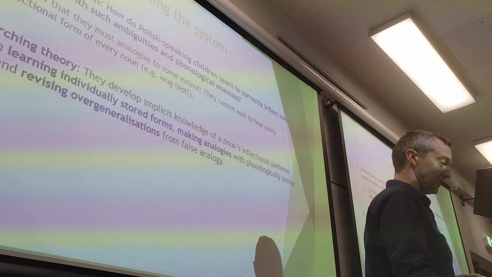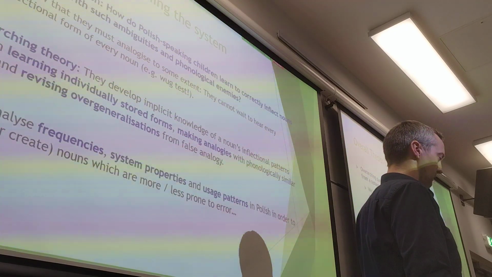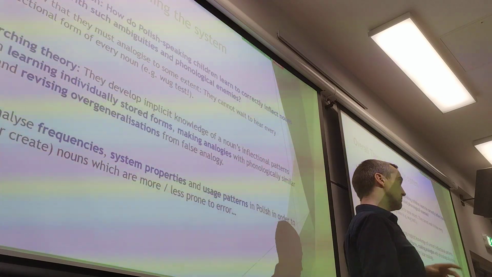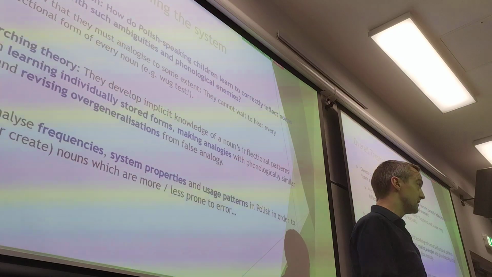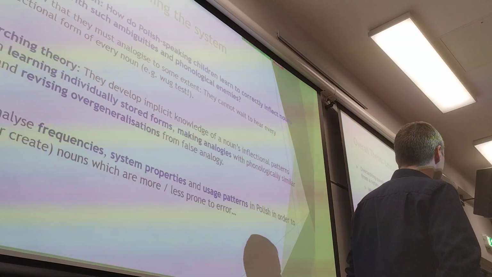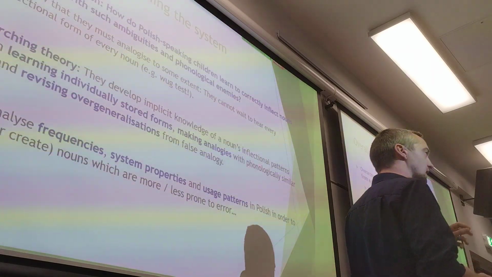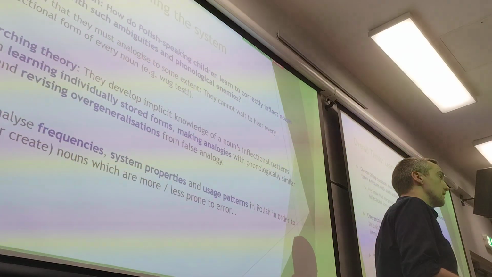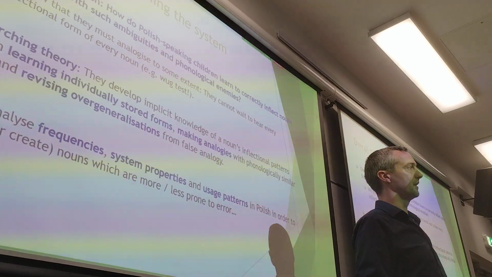But then we've got the false analogies problem, which I've presented to you. So what we do is analyse the frequencies and the logical properties of Polish, and the patterns of usage in spoken Polish, to try and find words which are more prone or less prone to this sort of error.